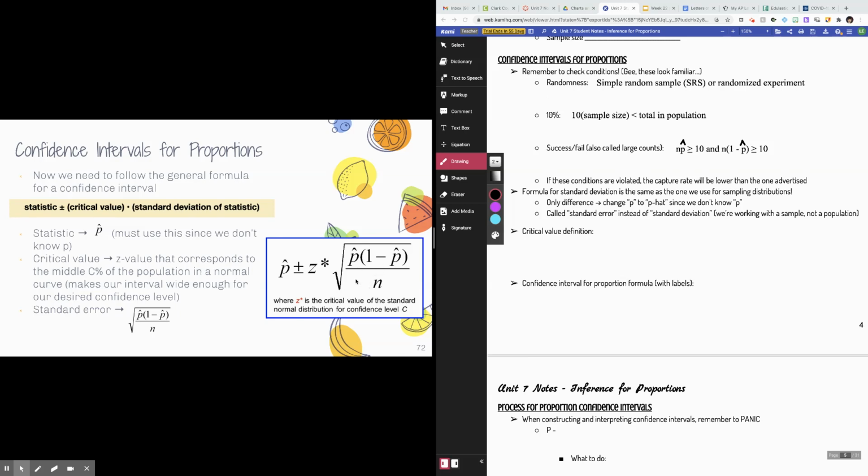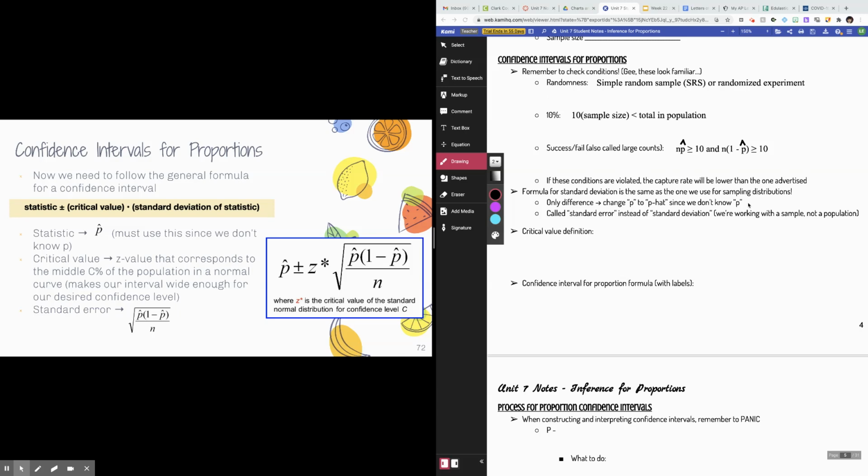It's almost exactly the same as the one from the sampling distribution of proportions. The only difference is we're changing p, the true population proportion, to p hat, your sample proportion, because we just don't know what the true value is.